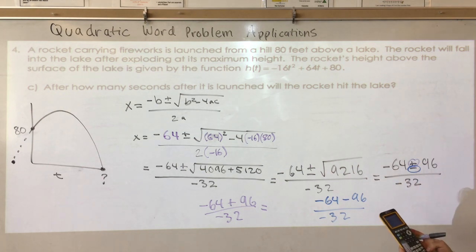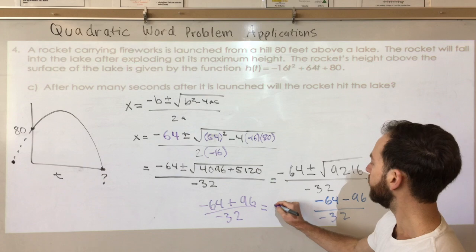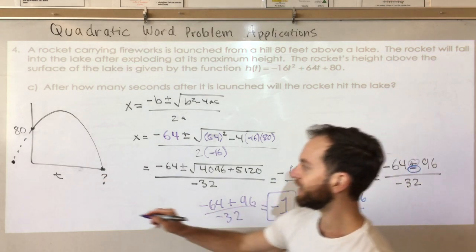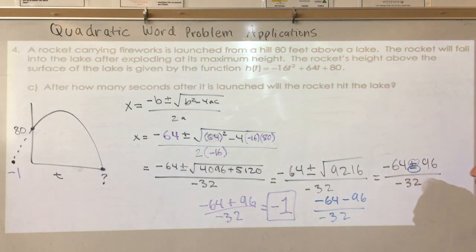So if we do negative 64 plus 96 divided by negative 32, we get a negative 1. Now we don't care about negative 1 because we don't have negative time, we want our positive value.